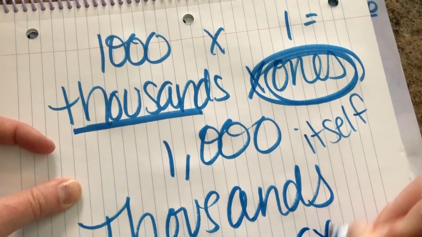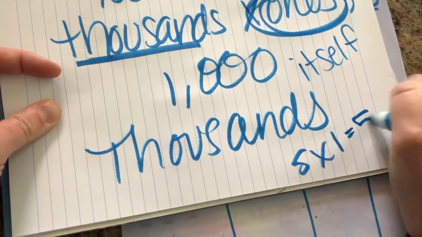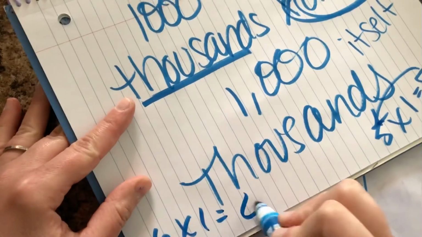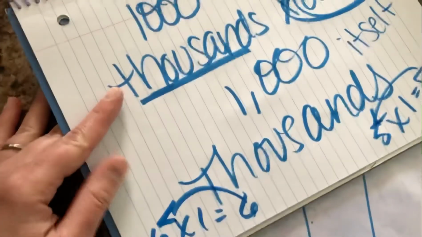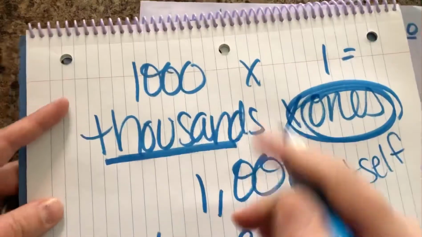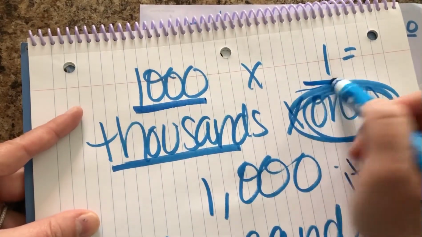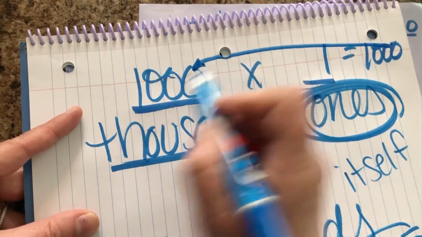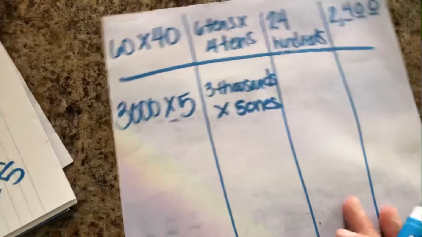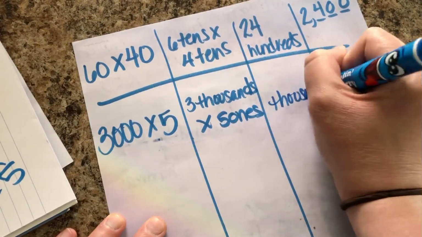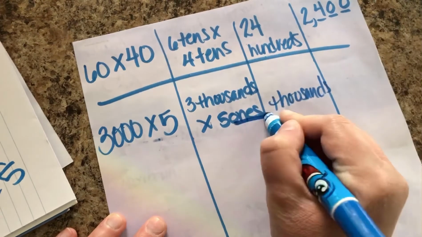Just like 5 times 1 is what? 5. It's itself. 6 times 1 is 6. Ooh, it's itself. That means anything times 1 is itself. Think about this. So 1,000 times 1 is 1,000. That means it's itself. That's what I mean. So our answer is going to be in the thousands because we have thousands times ones.